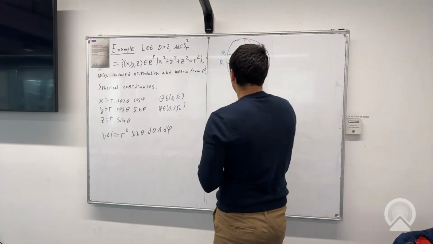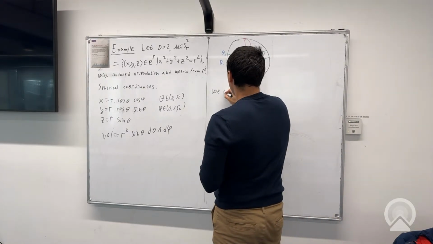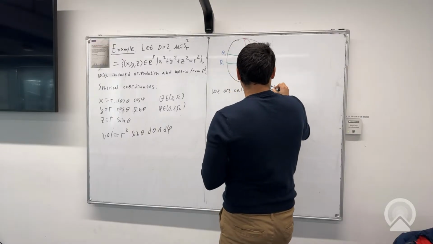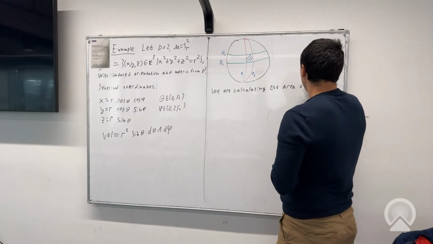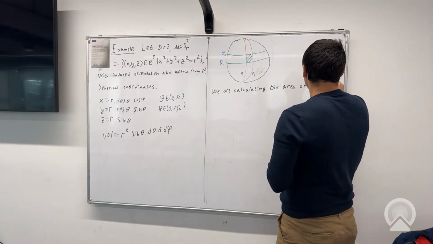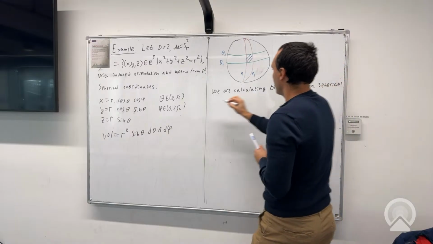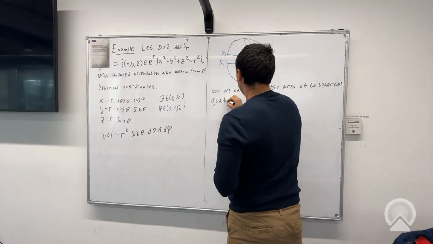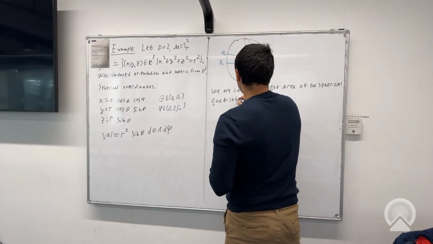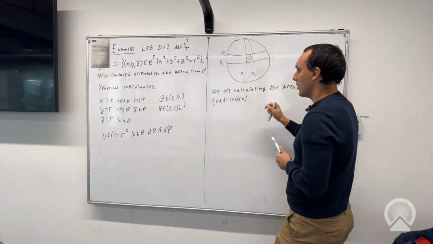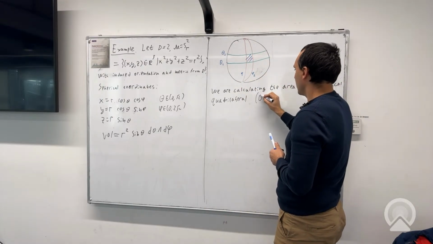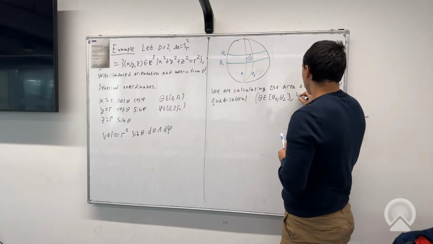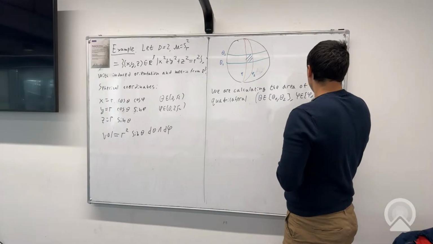So we are calculating the area of a spherical quadrilateral of this spherical. So here theta is in theta 1, theta 2, and phi is in phi 1, phi 2.